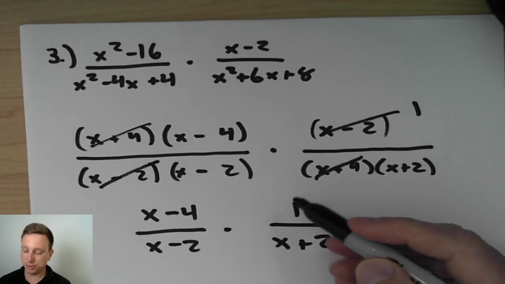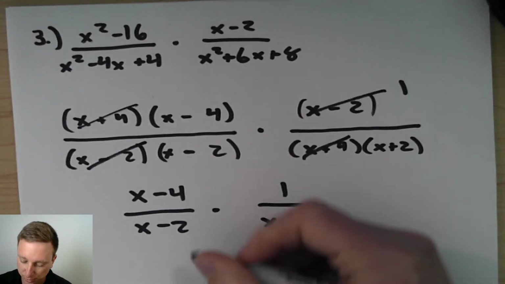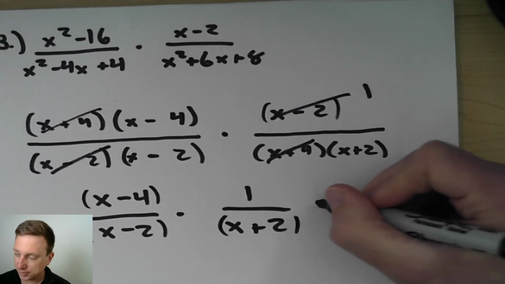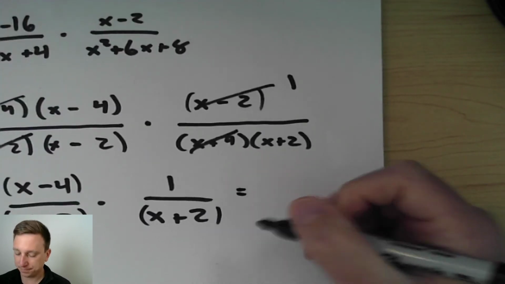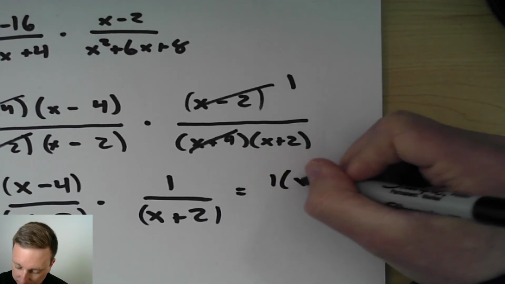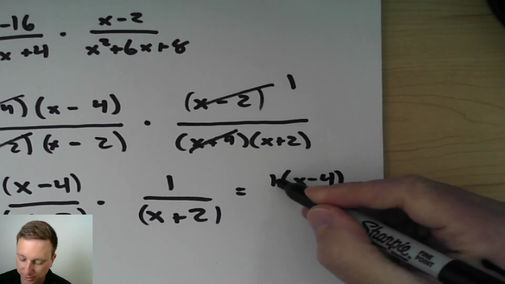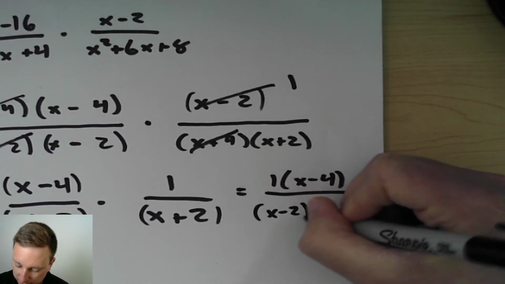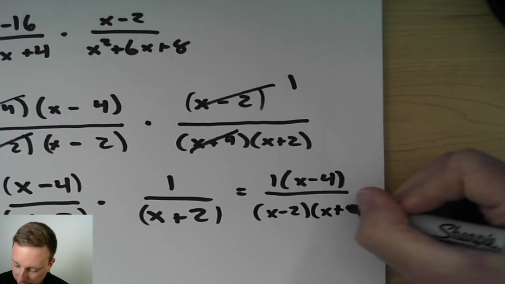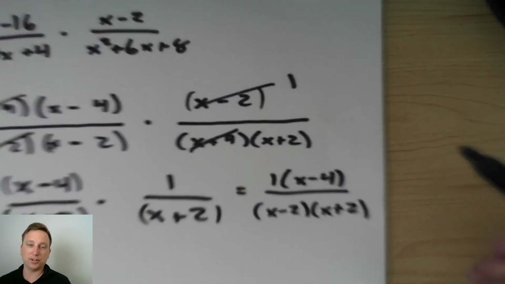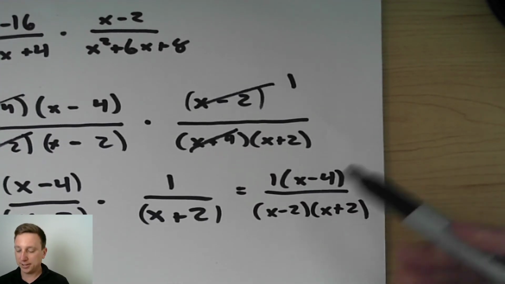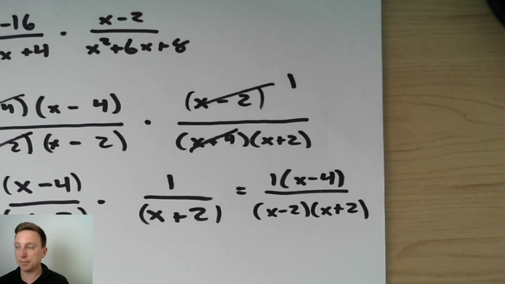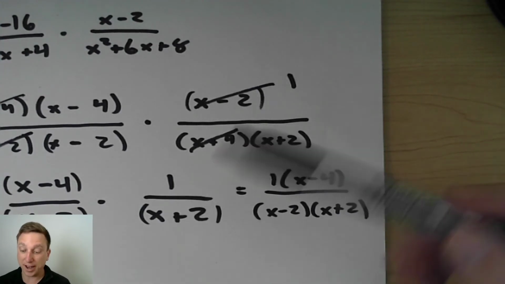And now we multiply this. So numerator times numerator, this is equivalent to x minus 4 times 1. Let's just write it like this actually. We'll do 1 times x minus 4 just so we have the constant in front. And then we're left with x minus 2 times x plus 2. We can go further and multiply it out if we'd like. We're not worried about values where this is undefined because there would be a mess of values that we'd look at.